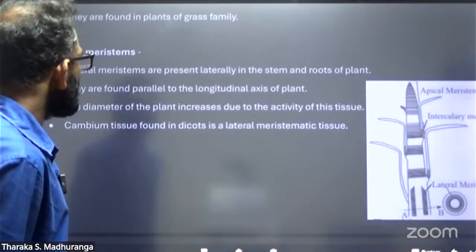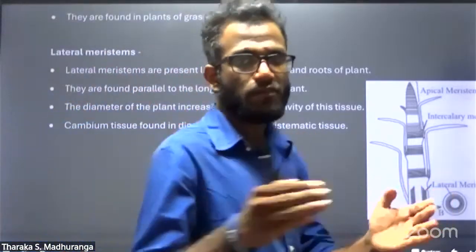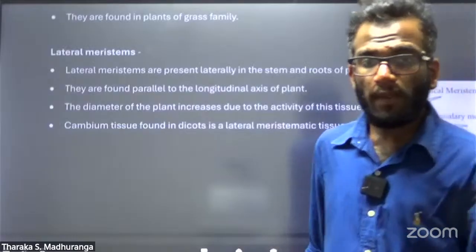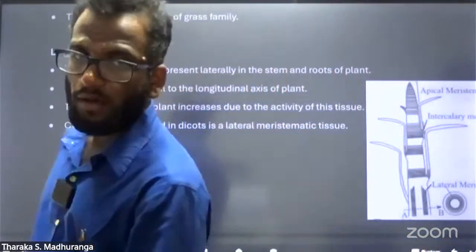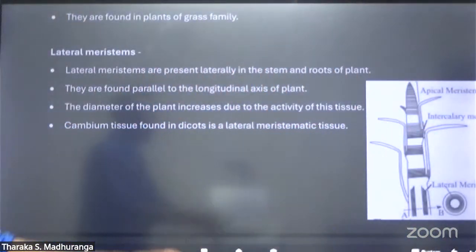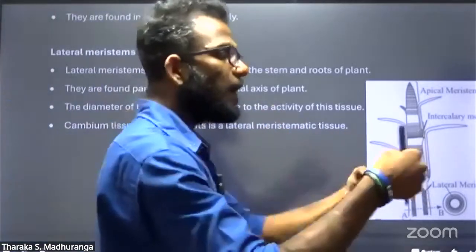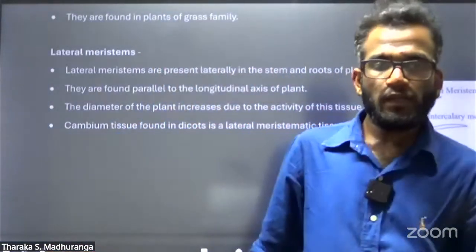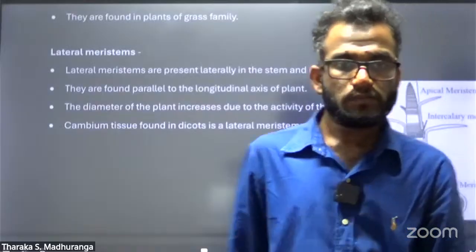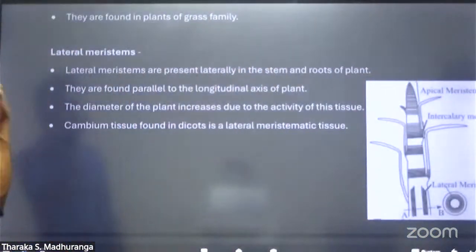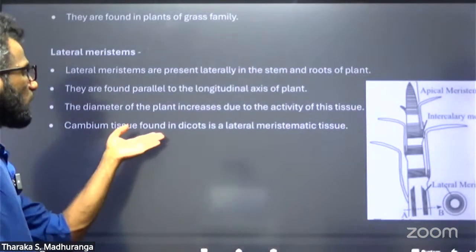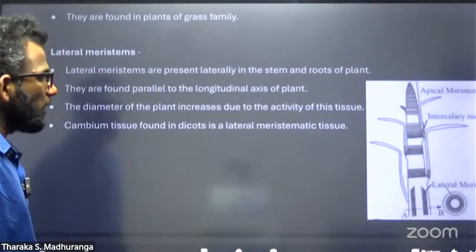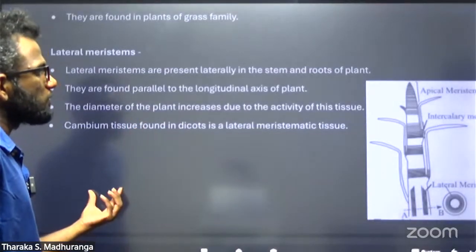The diameter of the plant increases due to these lateral meristems, and the stem and root diameter is increasing due to these lateral meristems. Cambium tissue found in dicot plants is a lateral meristem tissue.